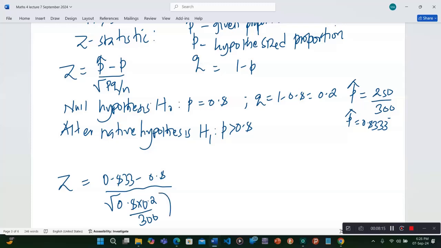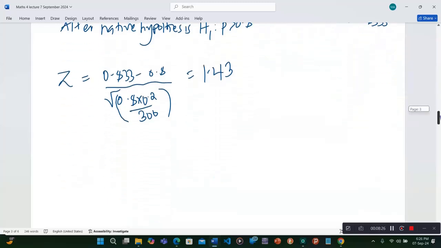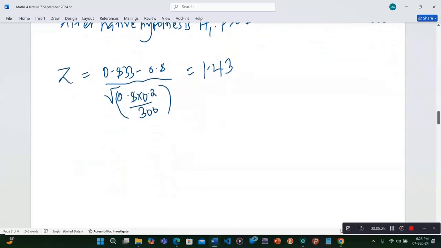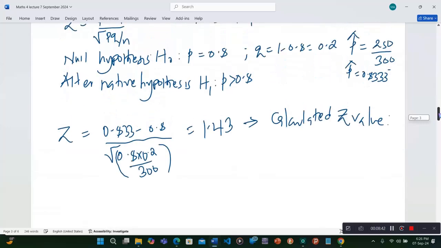So this one is going to give us 1.43. That is our calculated Z value.